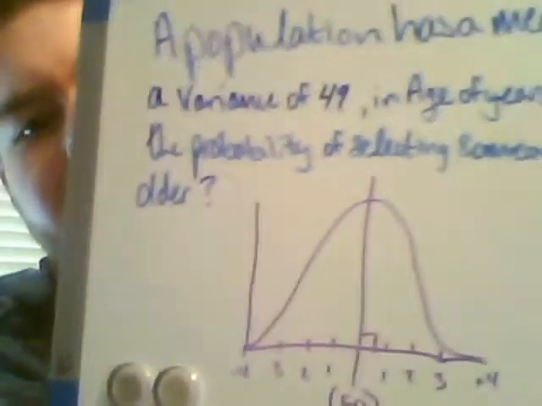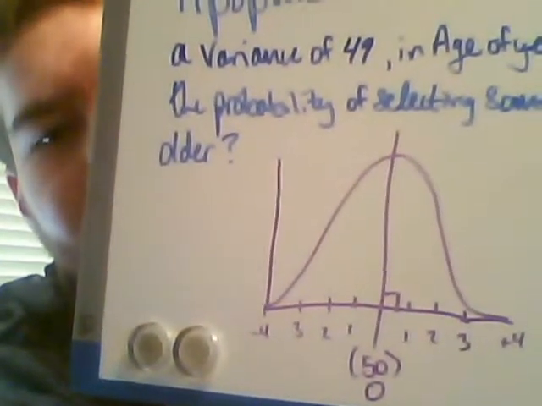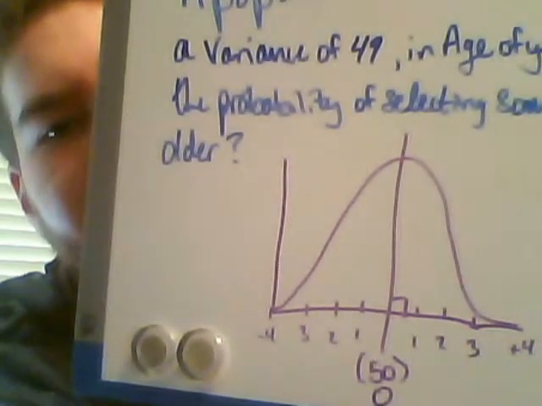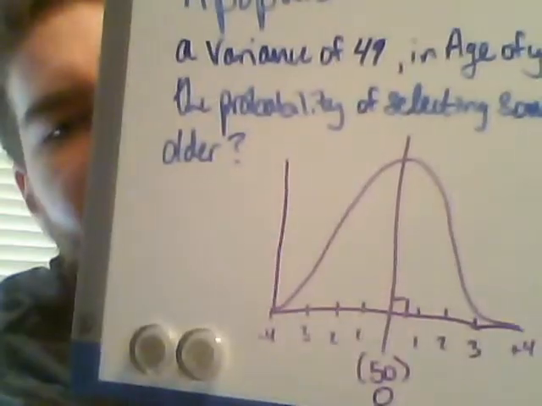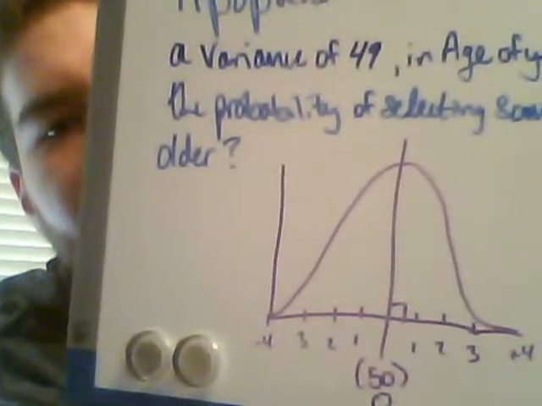Put some labels on it. Okay, so here's our graph. It's normally distributed. 50 is up the middle, which is also our 0 point when we're talking about z-score. So what do we do from here?